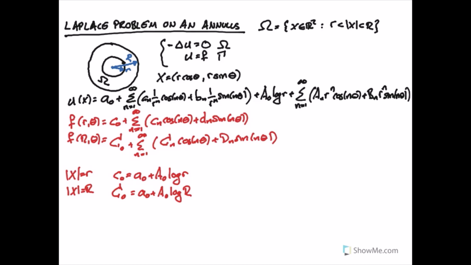And then, of course, you have similar things for the cosine and sine theta terms. What do you get? We have lowercase cn and uppercase Cn, and they are respectively an times 1 over r^n plus an times r^n.